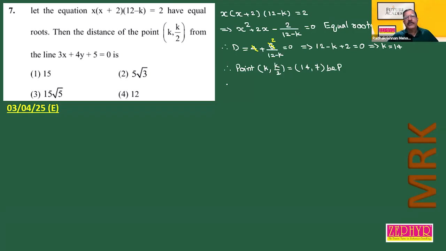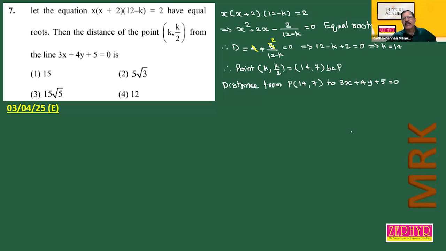Distance from P to, now it is coordinate geometry. Distance from P, coordinates are 14,7, to line 3x plus 4y plus 5 equal to 0.